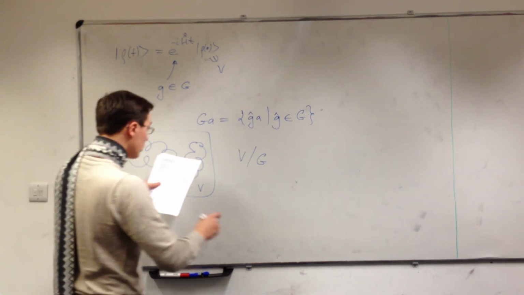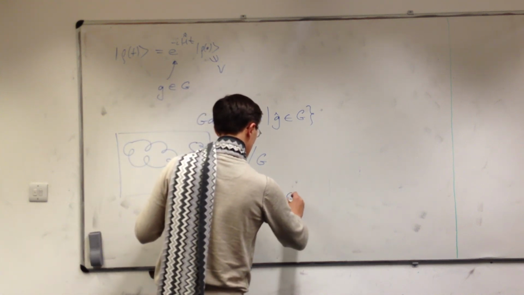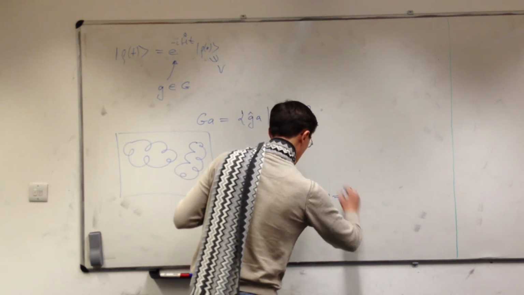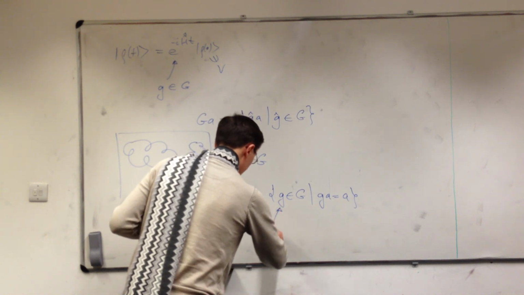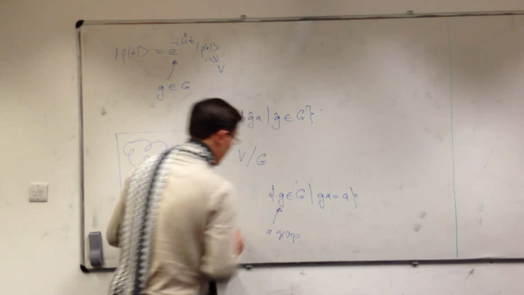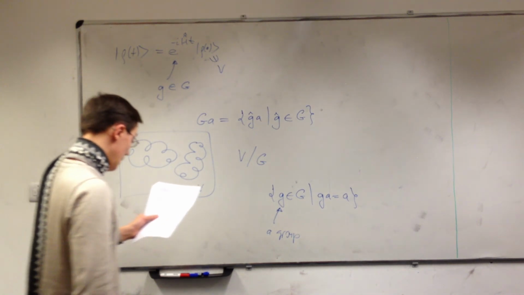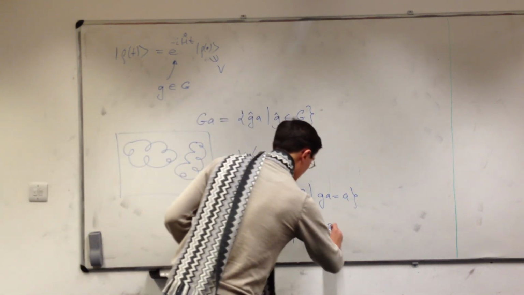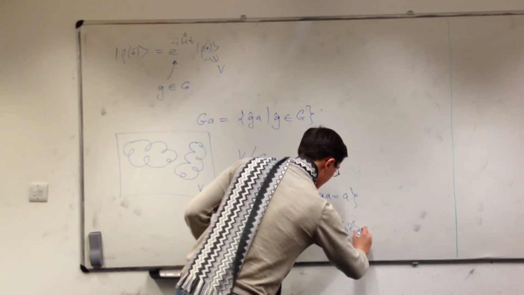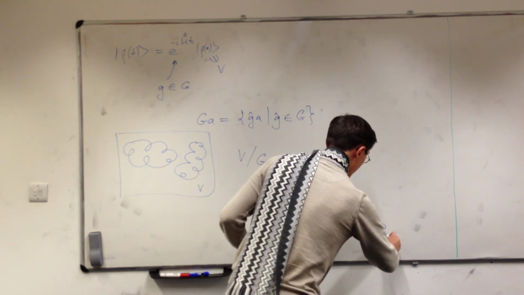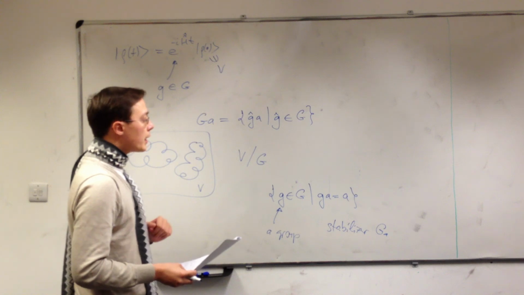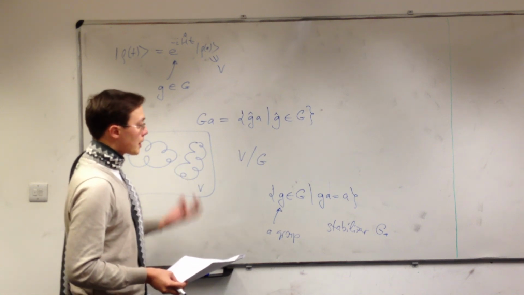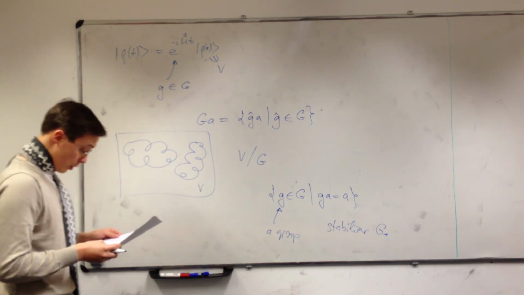So the set of all such G's belonging to G as leave a particular element invariant is firstly a group, so a subgroup of the group we're looking at, and secondly is called a stabilizer subgroup. Given an element A, the subgroup of elements of G that leave it invariant is the stabilizer subgroup of our group G.